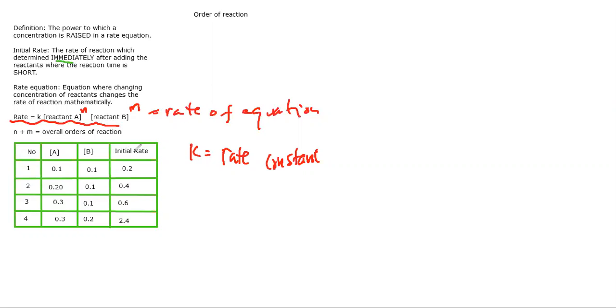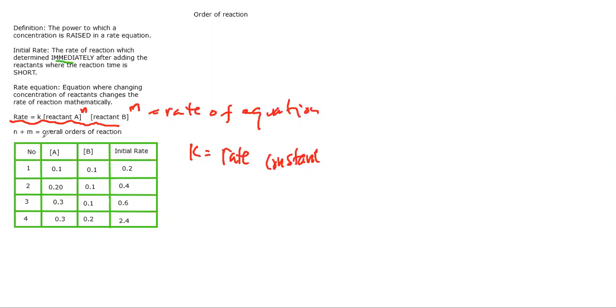So right now we are going to determine the order of reaction. The simplest way to do that is to see where the concentration of A or B is constant. For example, if I wish to determine the order of A, I have to find in which experiment, either experiment number 1, 2, 3, or 4, the concentration of B is constant.